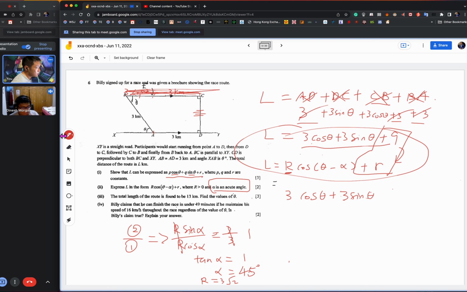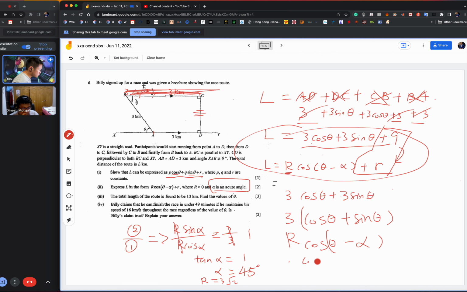If you take the 3 out, then you have this cosine theta plus sine theta, right? And then you try to compare this to this, right?